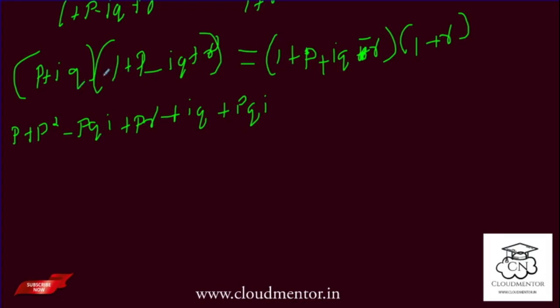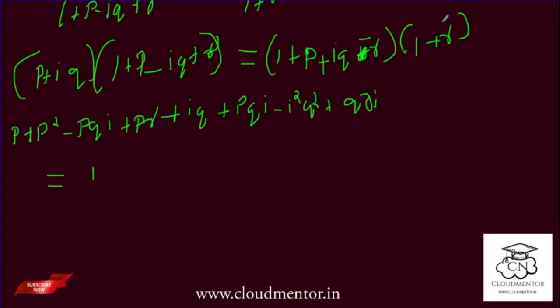Yes, iq of 1, that is iq here, and iq of p, that is pqi, then iq of minus iq, that will be i square minus i square q square, that is minus i square q square, that will be plus i square plus q square. Okay, and minus iq, so iq multiplied by r will be equal to qri. Okay, I think that's right.